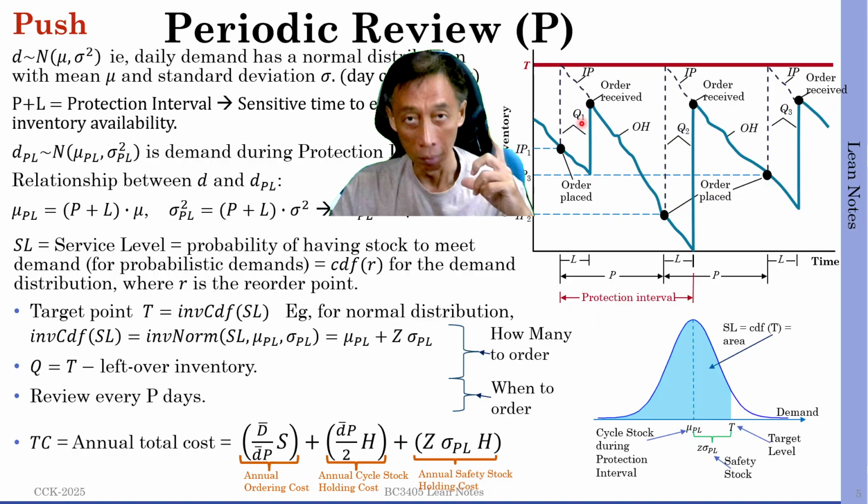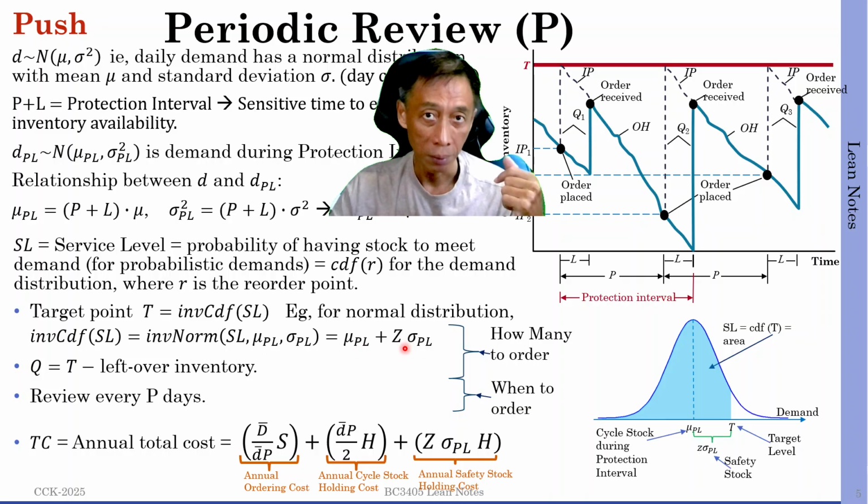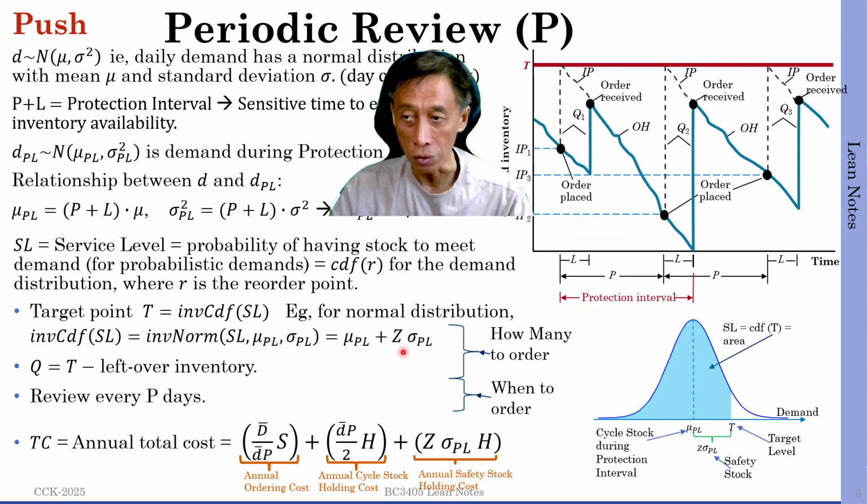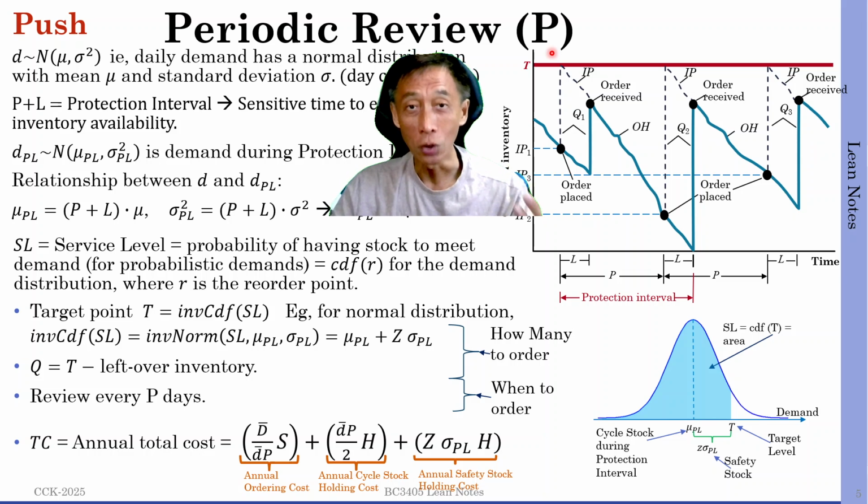For both the cycle stock and your safety stock. And there is also a sense of cycle stock and safety stock, just like continuous review. The higher the service level, the higher the safety stock, and the higher the target point. The lower, the lower. And you tend to stock out. And that makes sense if you intend to have lower service level.